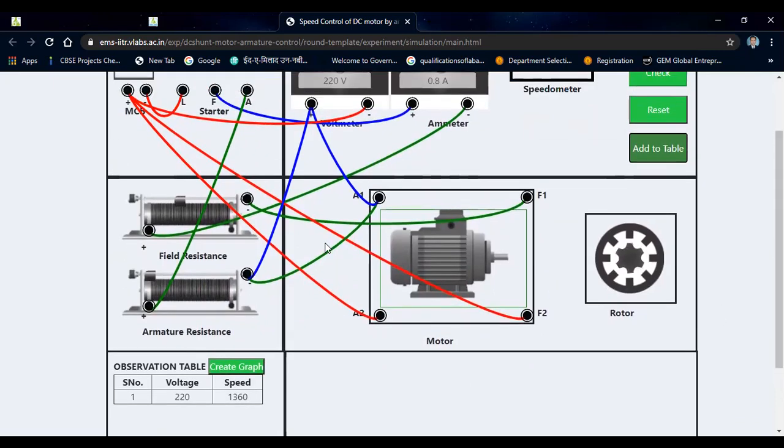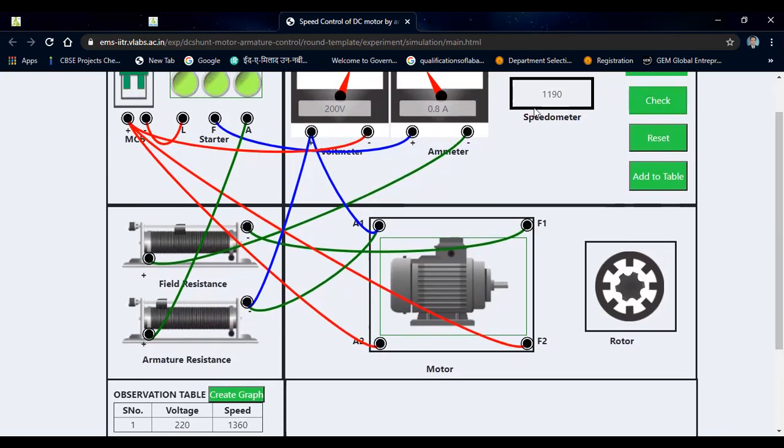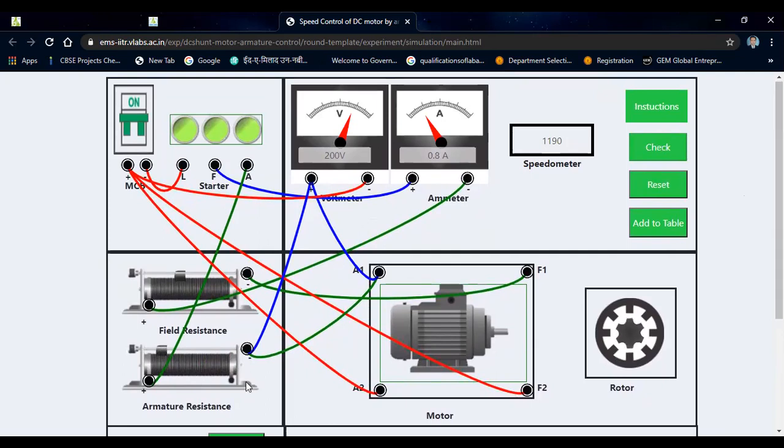Now here we vary the rheostat, that is the armature rheostat. Here we move the armature slider.